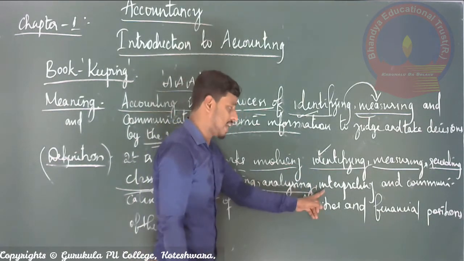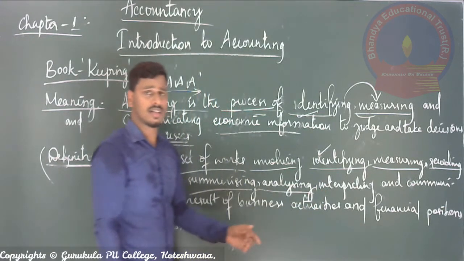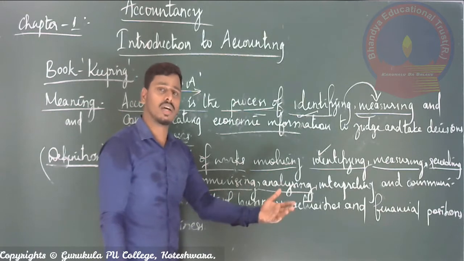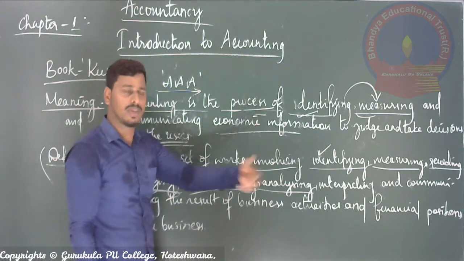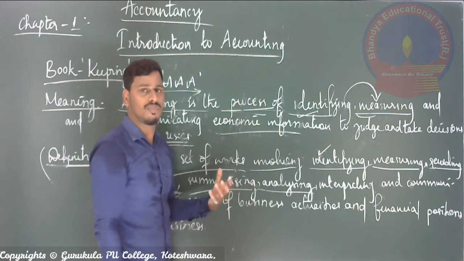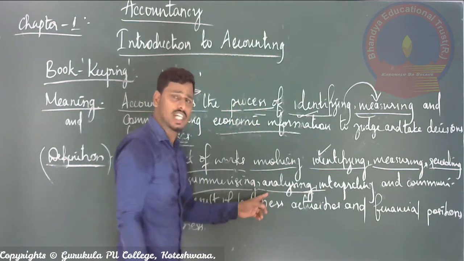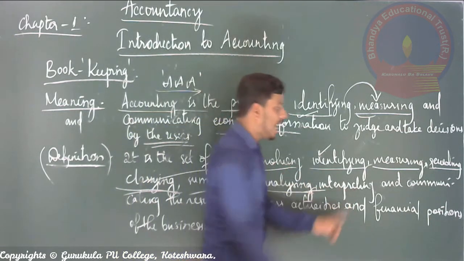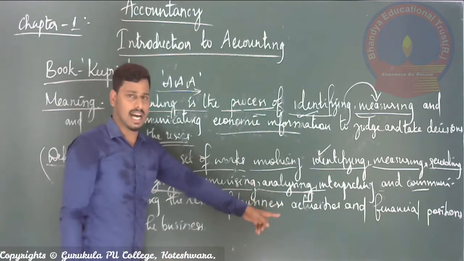Interpretation means giving the conclusions. What is the result, right? What are we going to earn? Whether it is profit, and if it is profit, what is the amount? Whether high profit or less profit, or what is the extent of profit we are going to earn? This can be known by analyzing as well as interpreting, and also communicating the result of business activities.